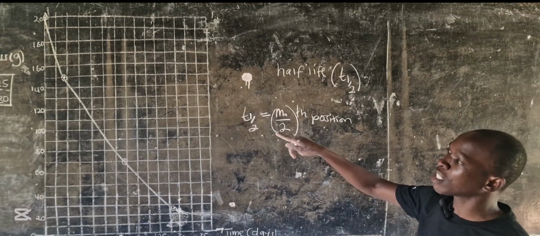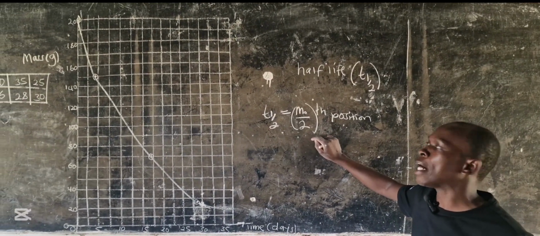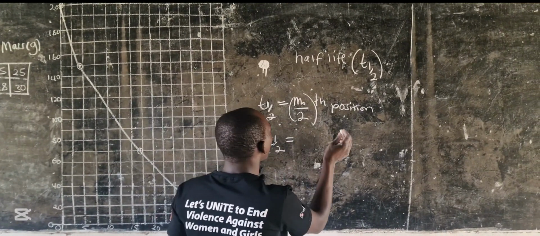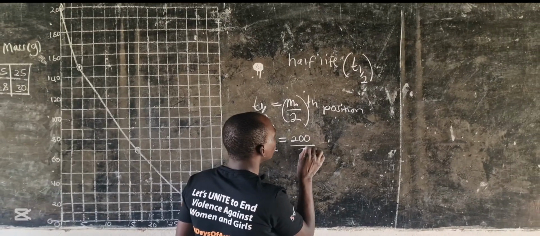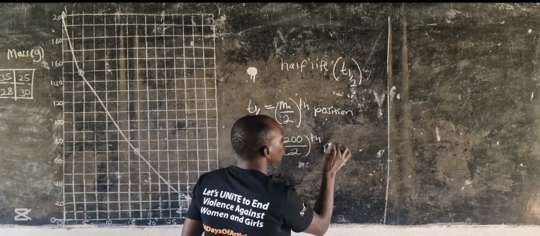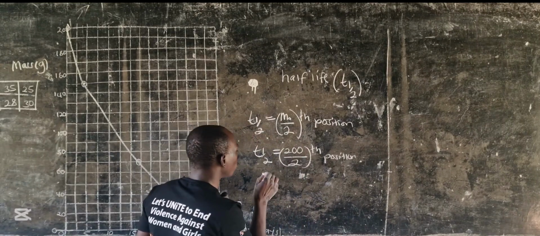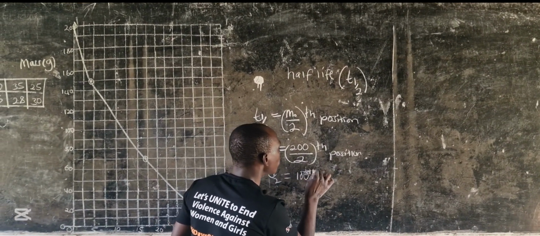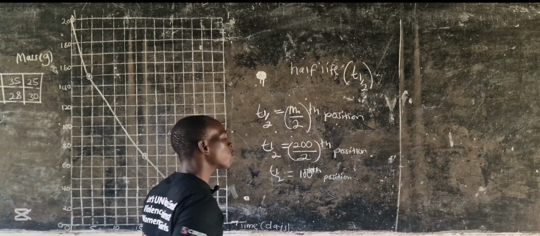So if the original mass is 200, then its half is what we want. We shall now say T half is found at around 200 divided by 2, which is 100 grams.